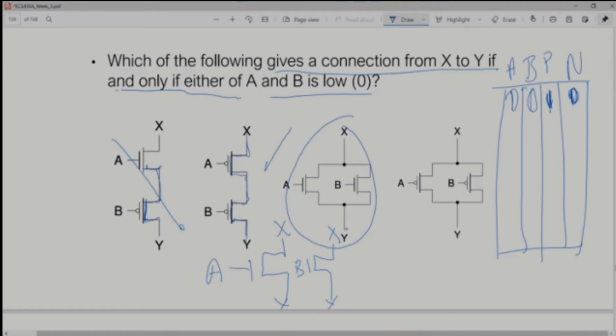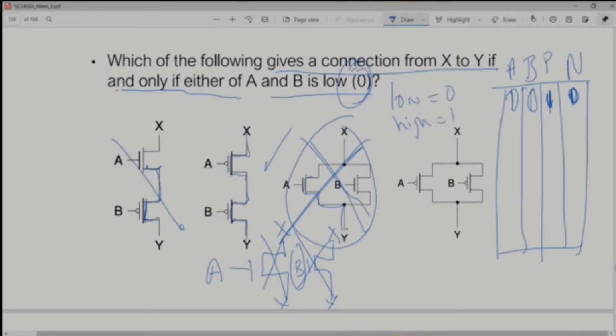That's honestly all there is to it. So if A is gonna be 0, then this is not gonna work. If B is gonna be 0, this is not gonna work. So this means there is no way for the current to travel if everything is low. So low equals 0, for those of you who missed it, and high equals 1.